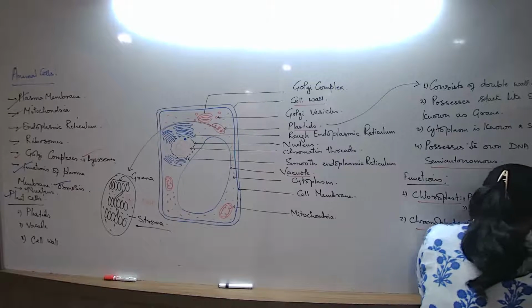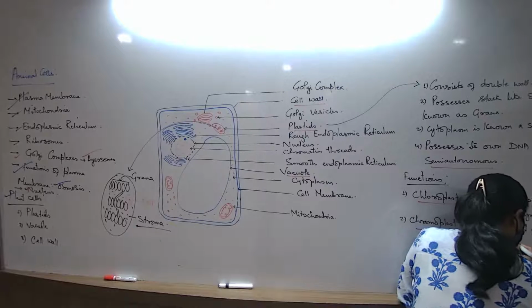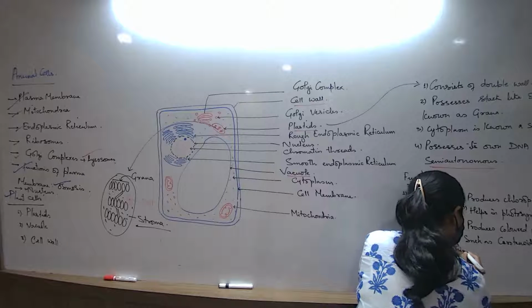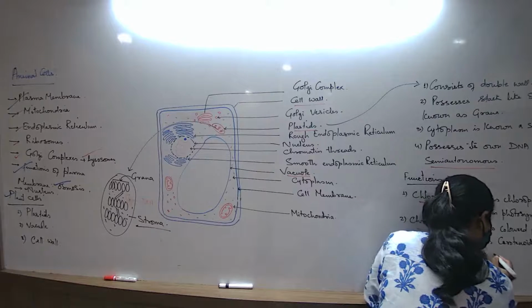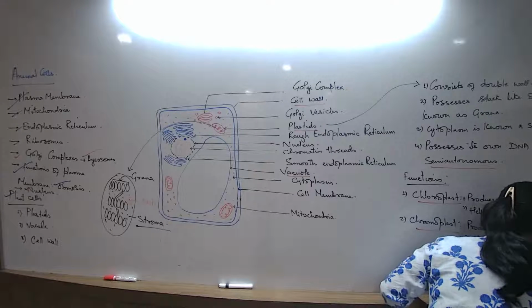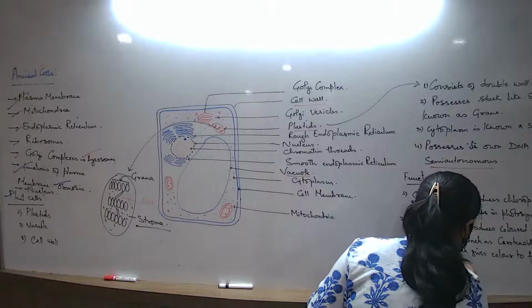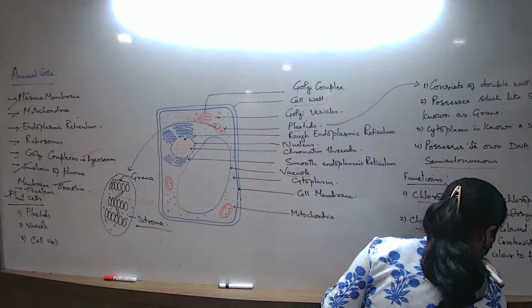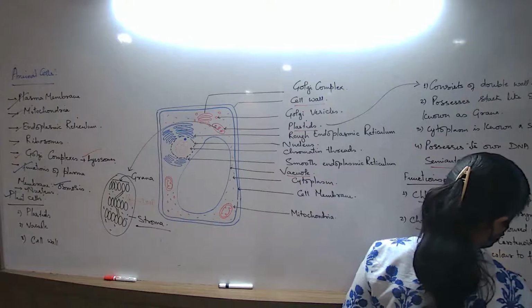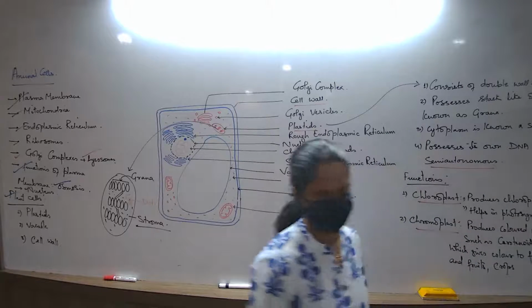such as carotenoids, which give color to flowers, flower petals, and fruits. Or some vegetables.